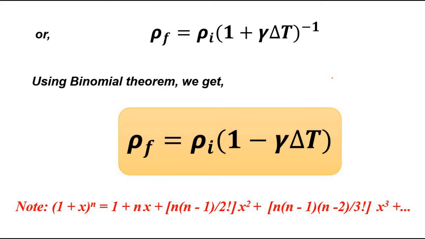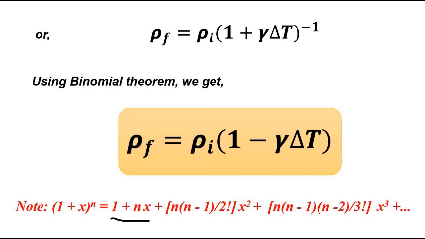We only consider 1 plus nx, which is 1 plus minus 1 into gamma delta T. So we have 1 minus gamma delta T. Here the final density of the substance is equal to the initial density into (1 minus gamma delta T).